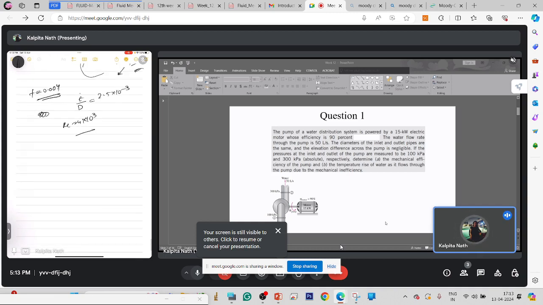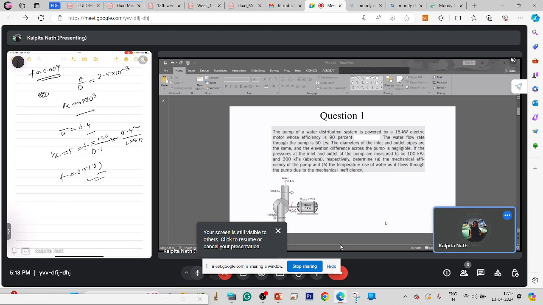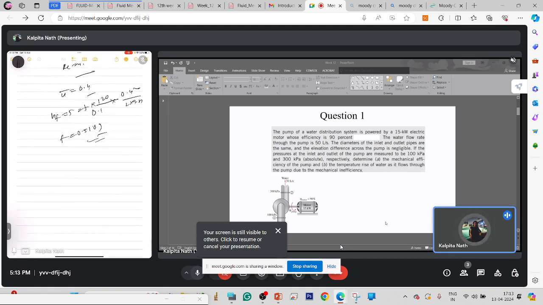From that U bar we have calculated as 0.4, and from HF equal to 5 equal to F into 120 by 0.1 multiplied by 0.4 square by 2 into 9.81, we got F as 0.5109. Since it has diverged a bit, we have to recalculate again. I think there must be some mistake, and the final F we will get as 0.03, right?